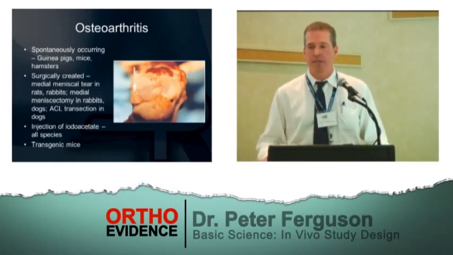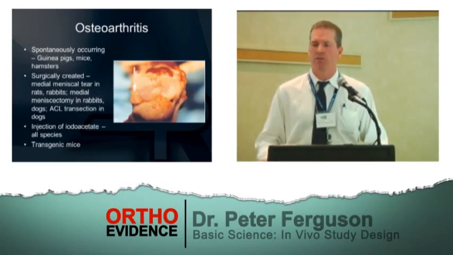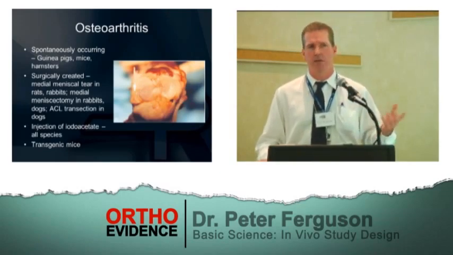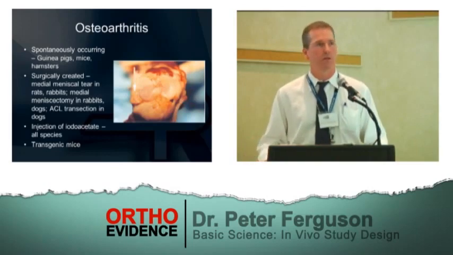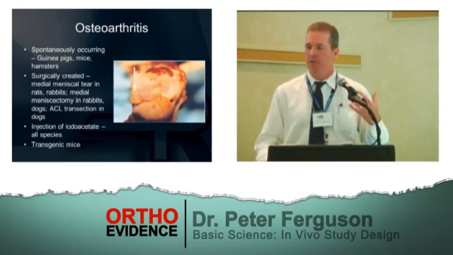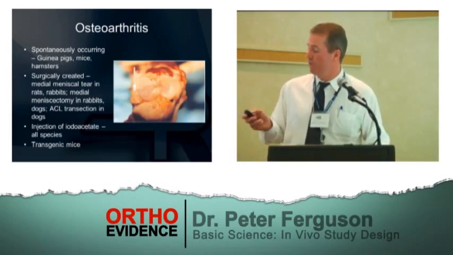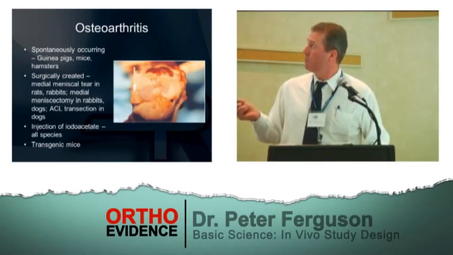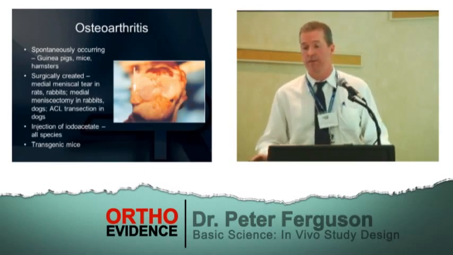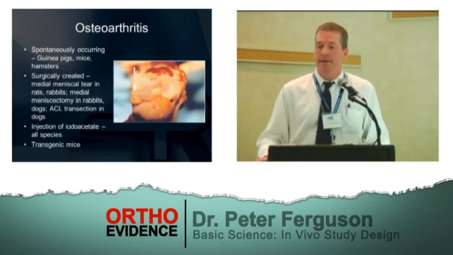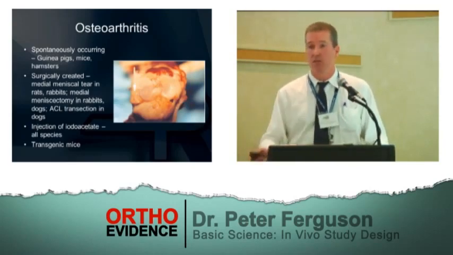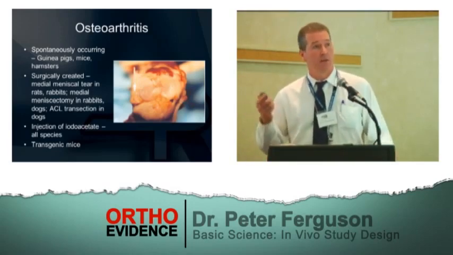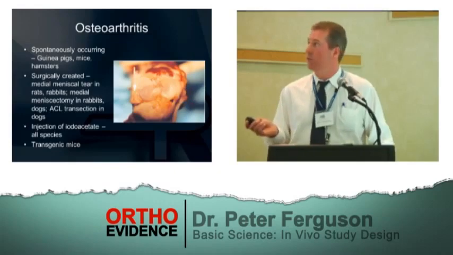There can be surgically created osteoarthritis, and there are models of meniscal tears in rats and rabbits, meniscectomy, ACL transection in larger animals, and they fairly reliably develop osteoarthritis, as you see here, after this meniscus has been resected. You can inject bacteria or chemicals into the joint, and they can develop osteoarthritis, and you can get transgenic mice that can also develop osteoarthritis. So those models are there.